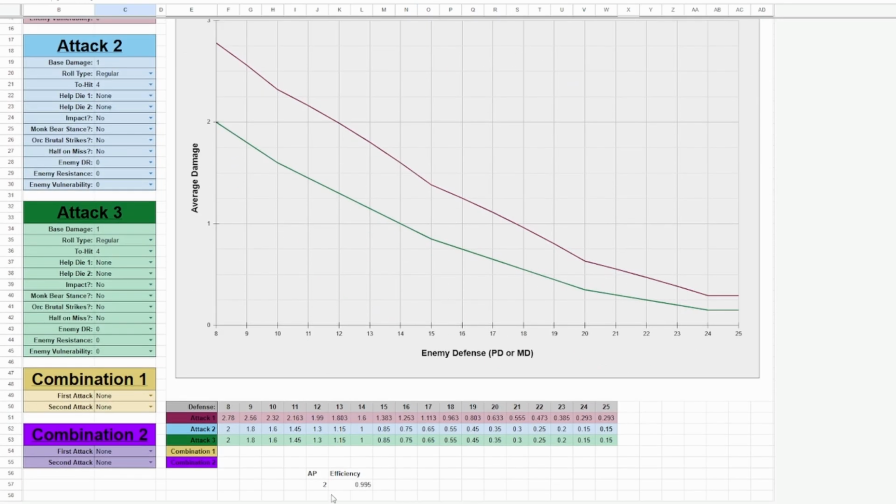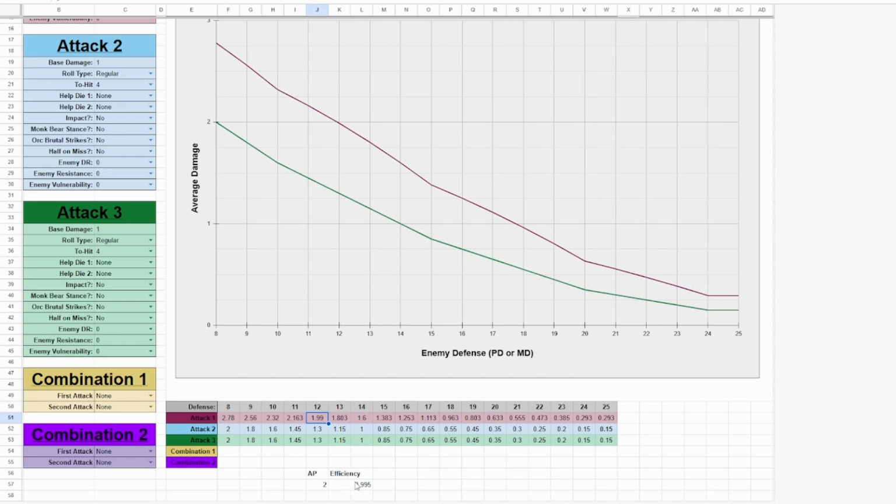Okay, so now with AP for advantage, the efficiency of my AP is 0.995. So while my damage goes up, right, we can see here I'm doing 1.99 damage on average. The efficiency of my AP actually goes down. As I spend AP for advantage, each AP that I'm spending is actually less valuable than the previous AP.